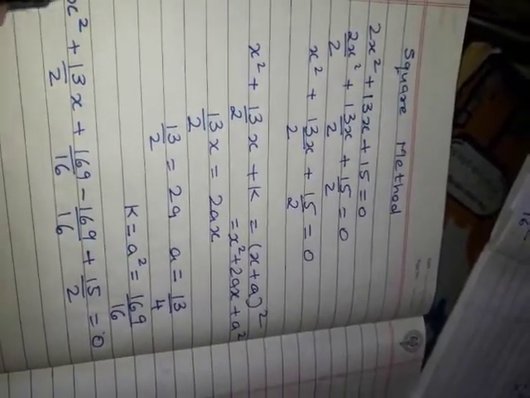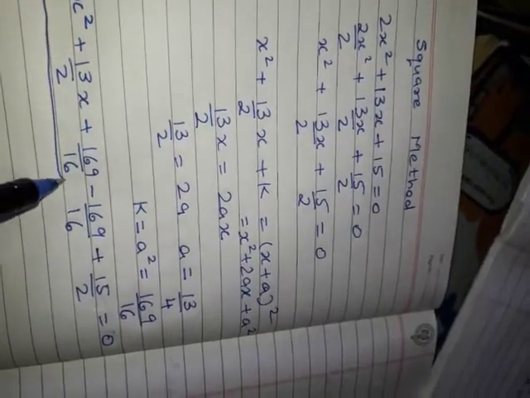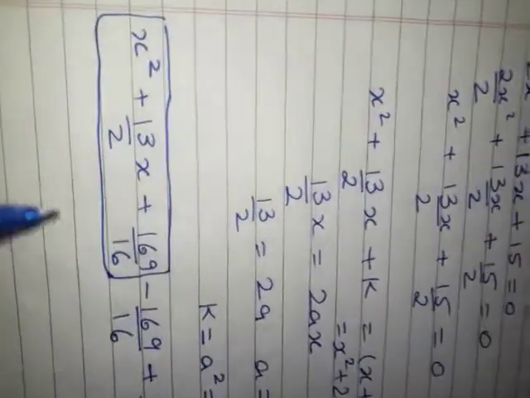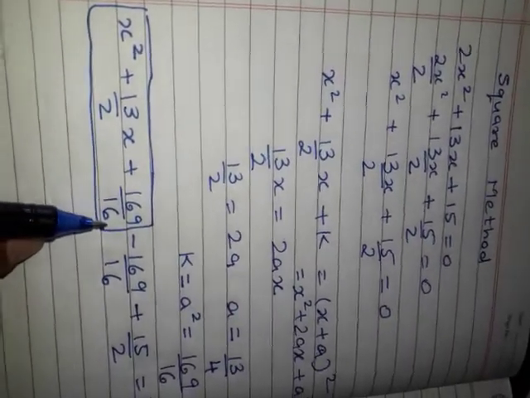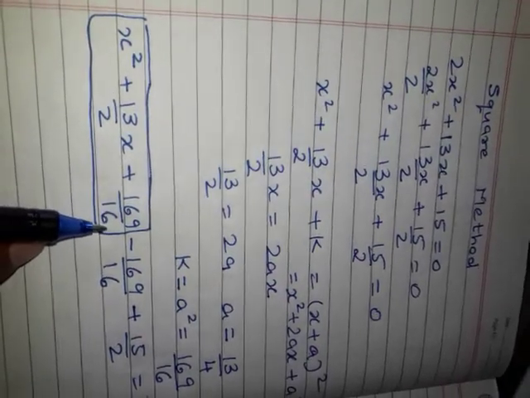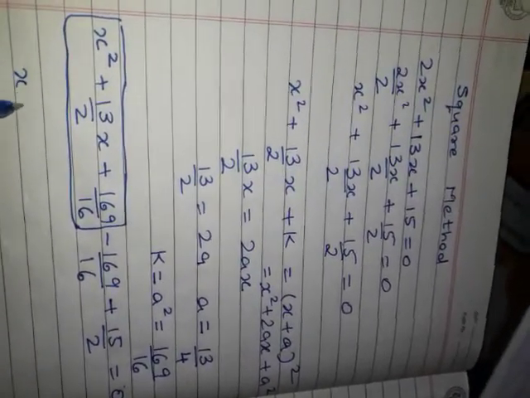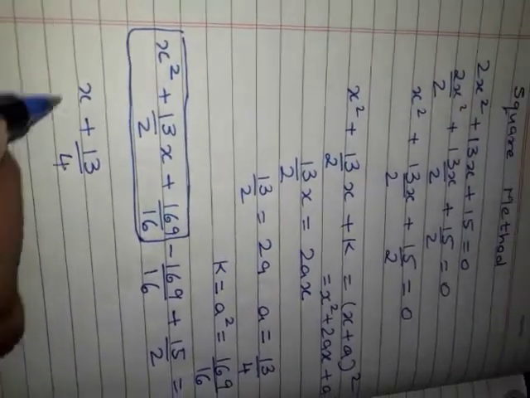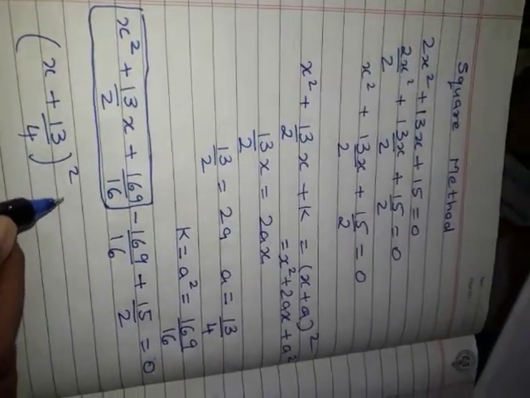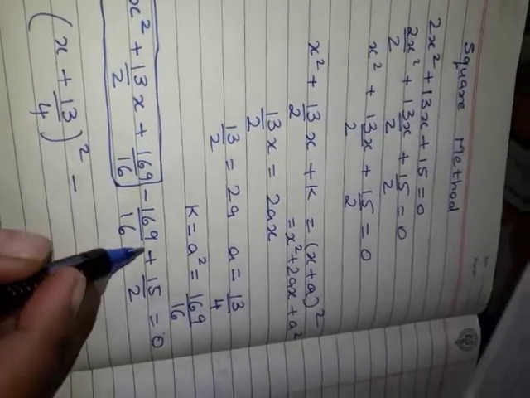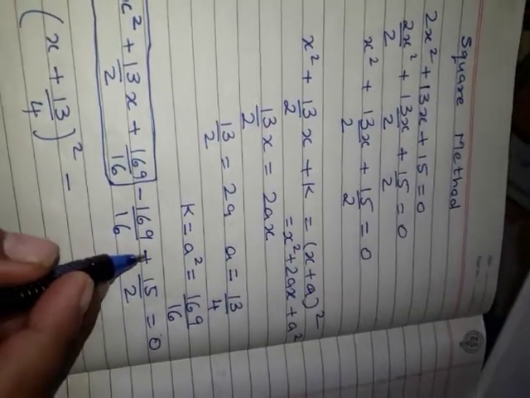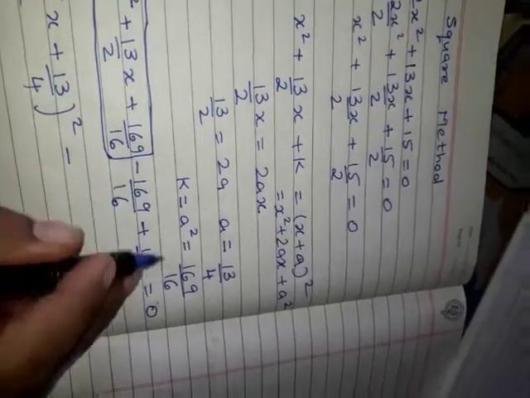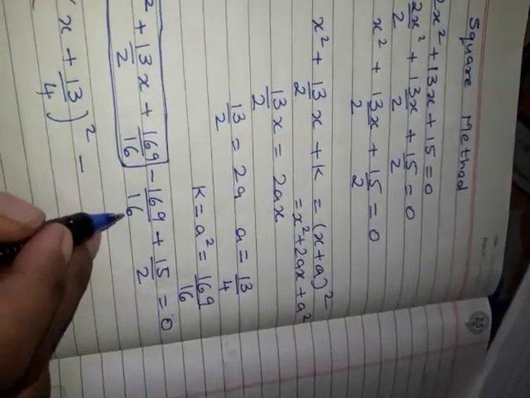This is equal to 0. Now the first 3 terms of this equation become a perfect square. Can you see that it becomes a perfect square? x plus 13 upon 4 the whole square. Then minus 169 upon 16 plus 15 upon 2.